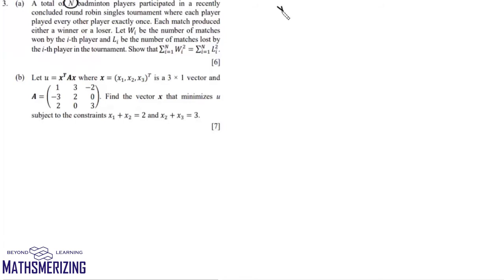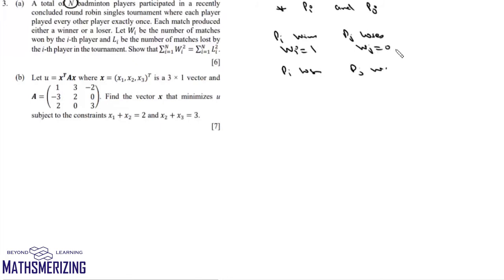Now in any match between two players, say players Pi and Pj, there can be two outcomes possible. Either Pi wins and Pj loses, or Pi loses and Pj wins. Now if Pi wins, then Wi will be simply 1 and Wj will be 0.